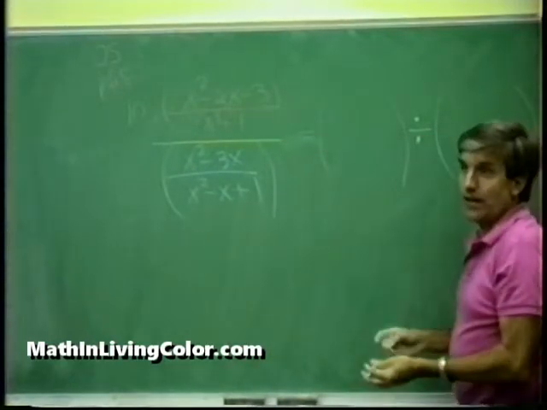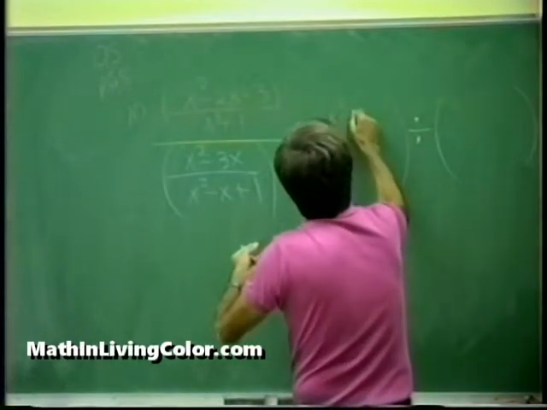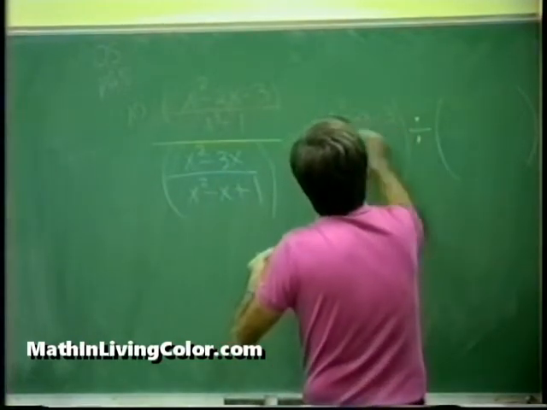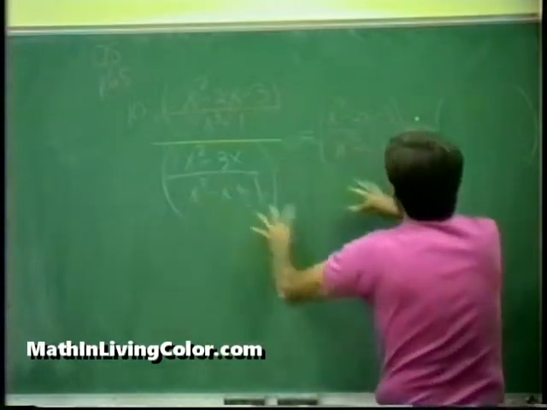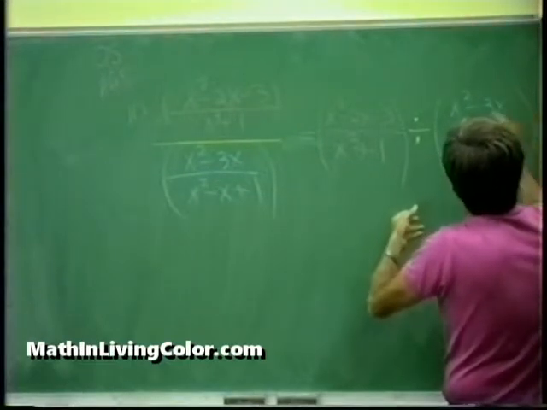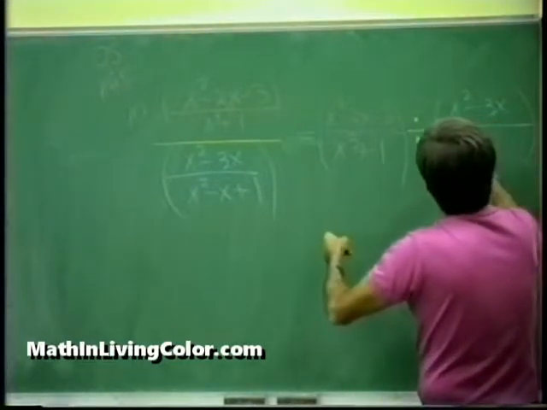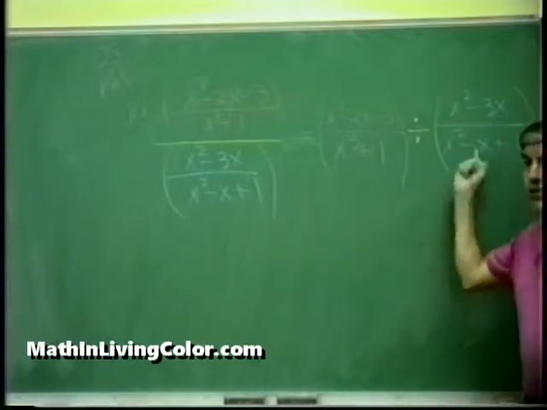I'm just taking the numerator, x squared minus 2x minus 3 divided by x cubed plus 1, and taking the denominator and sticking it here: x squared minus 3x divided by x squared minus x plus 1. Okay? Now, you know what you got?